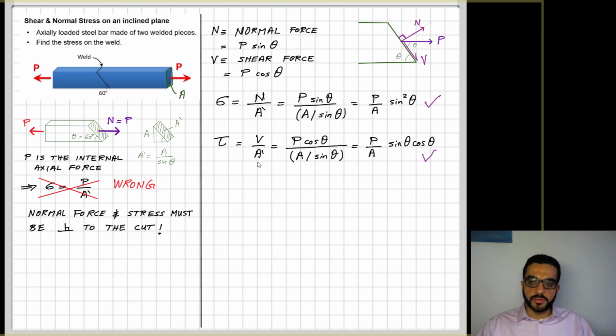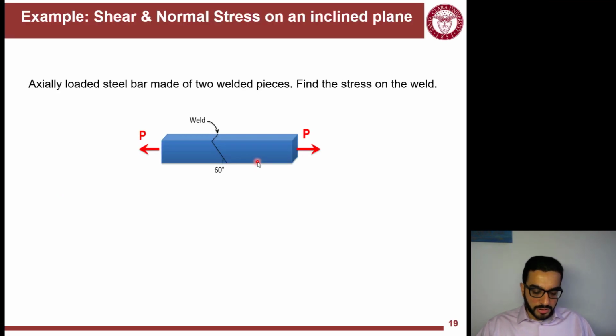Shear is a parallel stress to this cut, and you have to get the components from the internal forces that you can easily calculate. So I recognize that I can easily calculate N is equal to P, but that's not my true N. The N that's perpendicular to the weld needs some geometry calculations here.